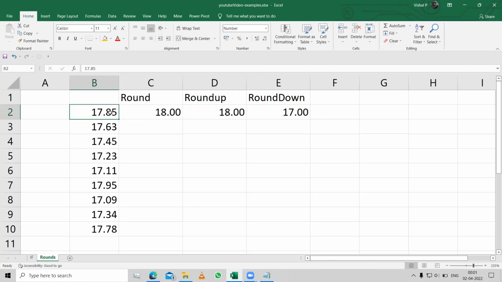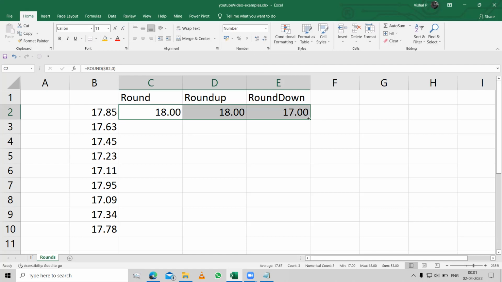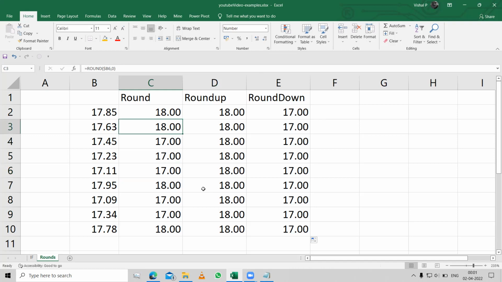If you look at it, 17.85 has been rounded closer to 18. ROUNDUP is also doing the same thing. ROUNDDOWN, however, has just removed the 0.85. Now the difference between all these three will become very obvious here.